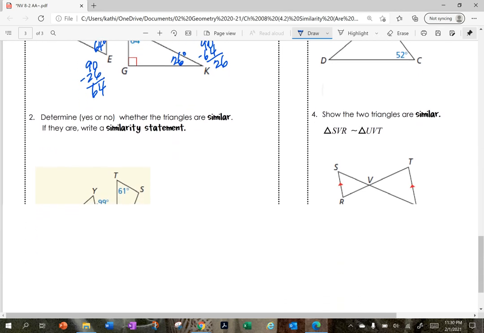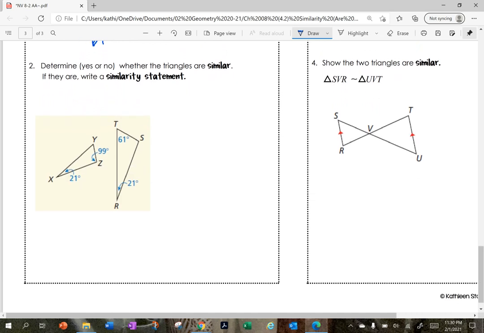Let's try the next one. Determine whether the triangles are similar. If they are, write a similarity statement. So I'm going to take a look. I'm going to find my missing angles. So I'm going to take 180 minus 99 minus 21, because I know all three angles total 180. So I know angle Y is 60 degrees.